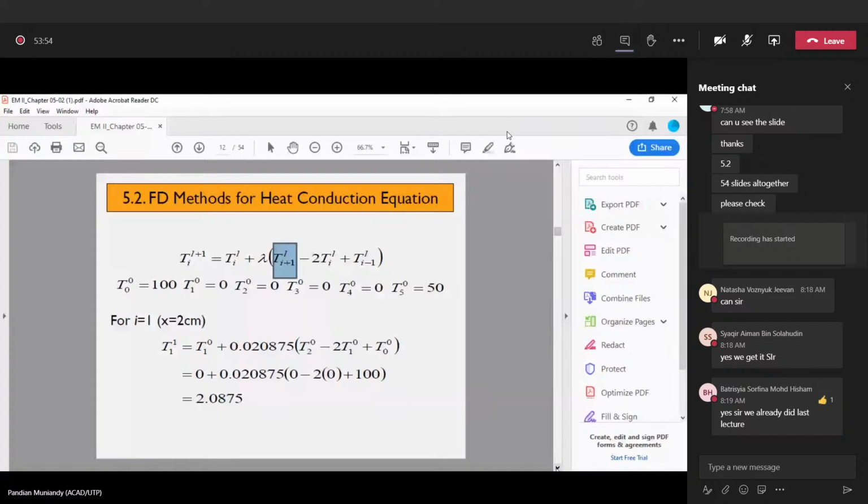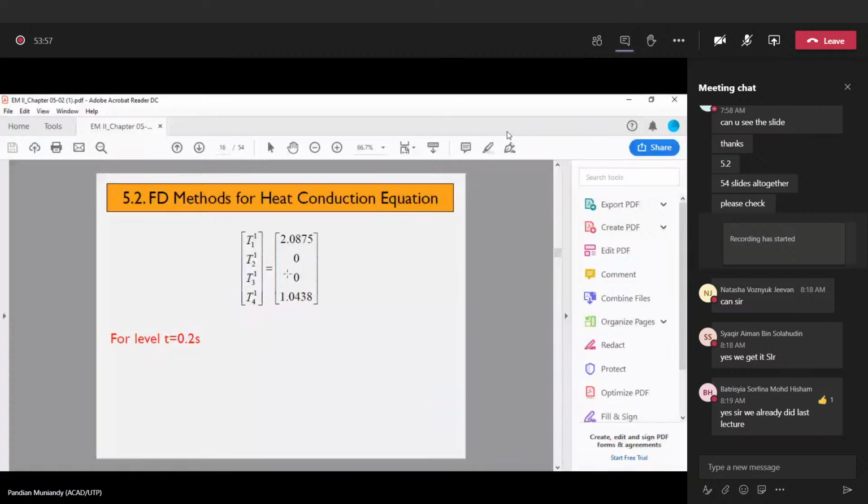So for that, you go back here. This value, T subscript 2 superscript 1 is 0.